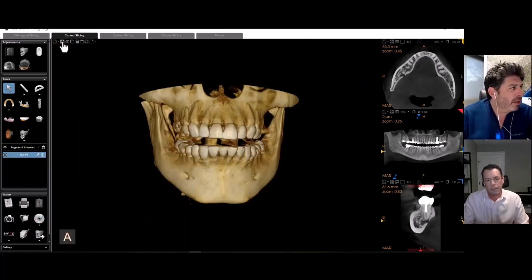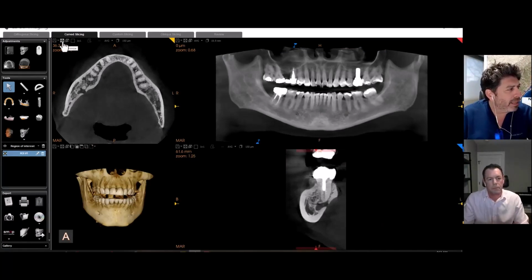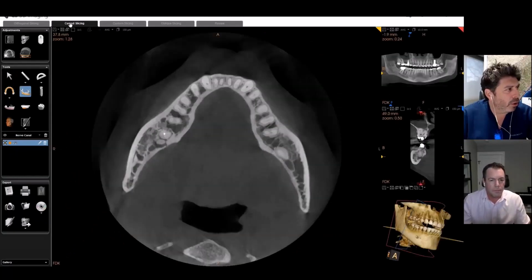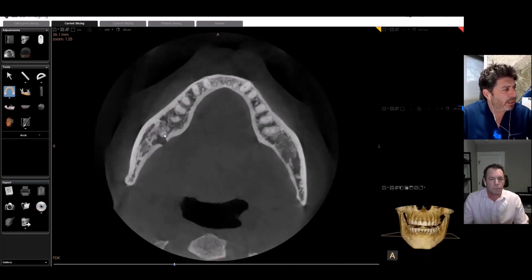Just to walk you through how I go about looking at things, I start with the axial view on curved slicing, and I trace the arch. You can see in this area here that there's an area of lucency that breaks through the lingual cortex of bone.